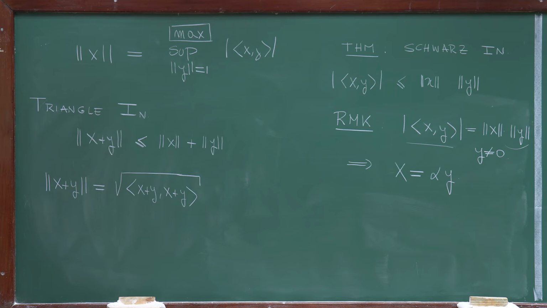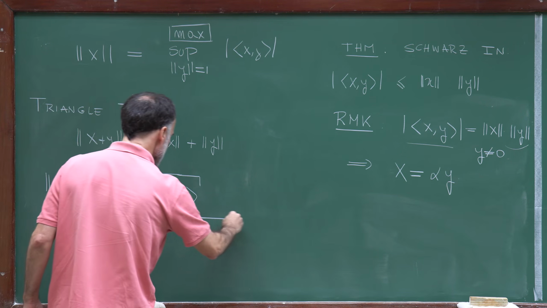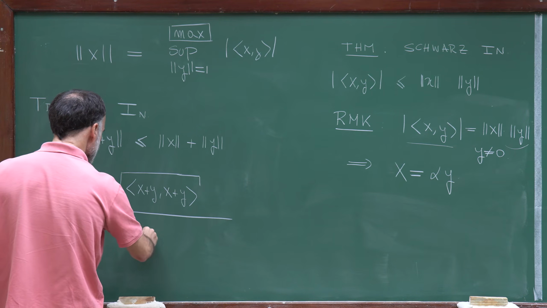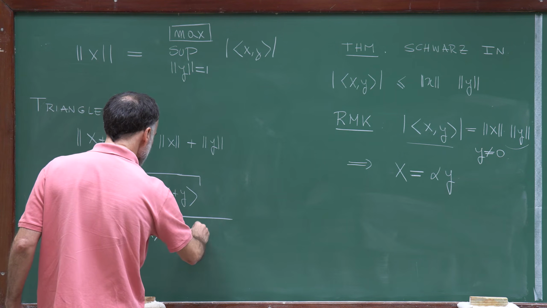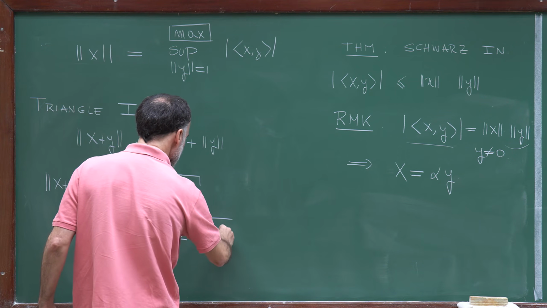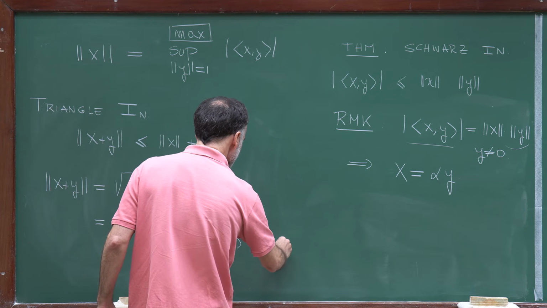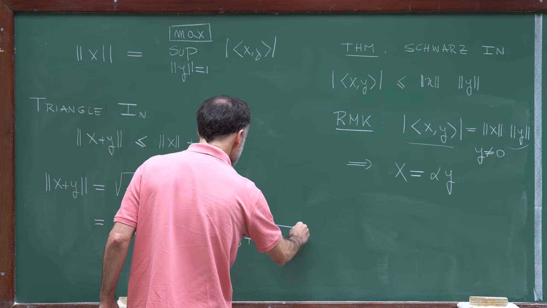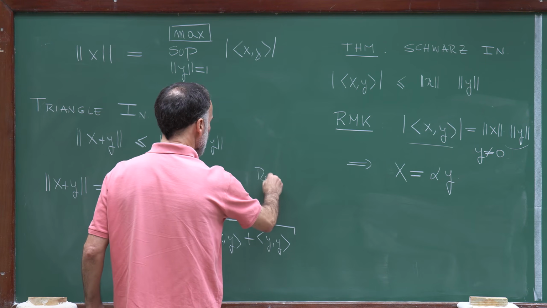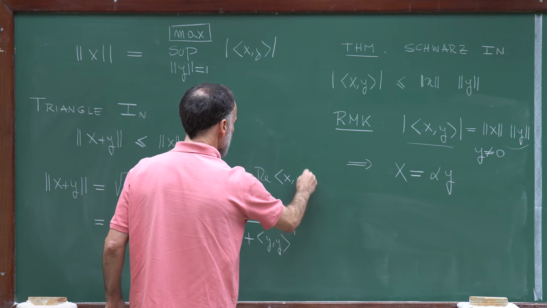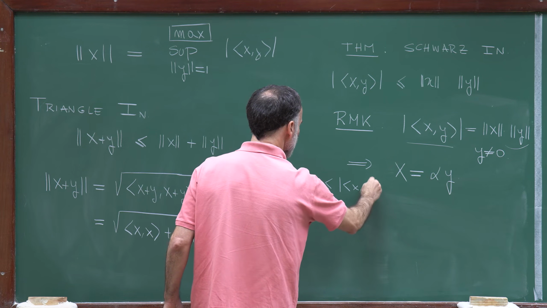In the proof of Schwarz inequality, we computed that this is equal to the norm of x squared plus 2 times the real part of the scalar product of x and y plus the norm of y squared. The real part of the scalar product of x and y is bounded by its absolute value.